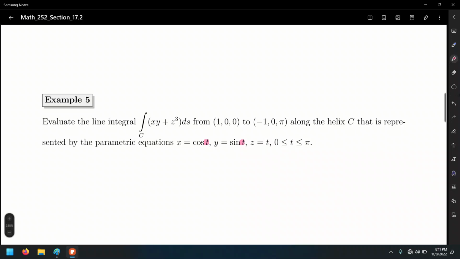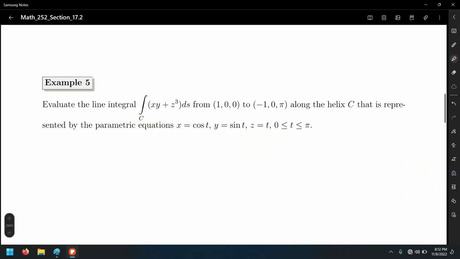And if you plug in pi, that's cosine pi, a negative 1, sine pi, that's 0, and pi is just pi. Sometimes that's just extra information to throw you off, like, wait, how do I use these points? And in fact, we're not even going to use these points.